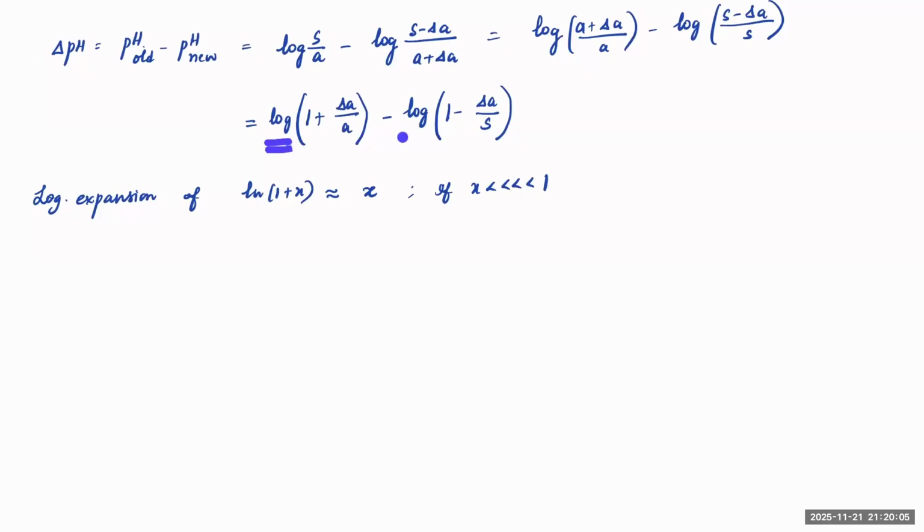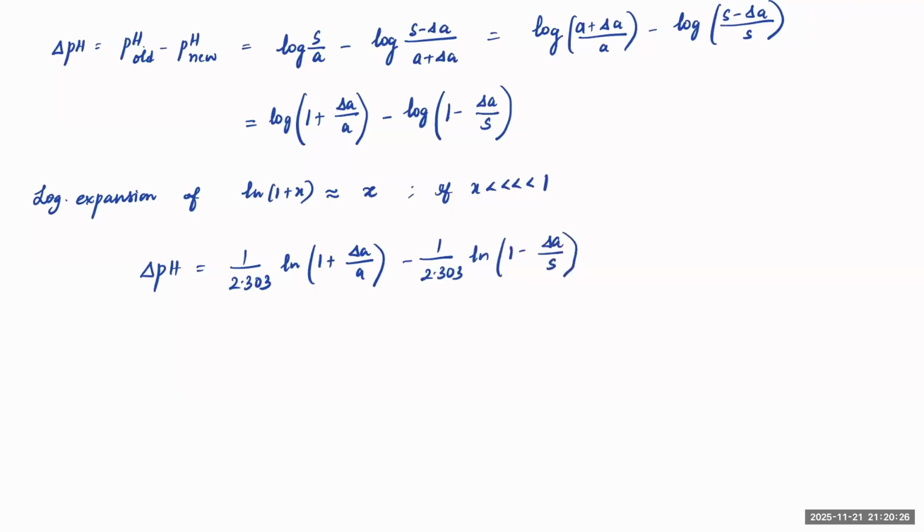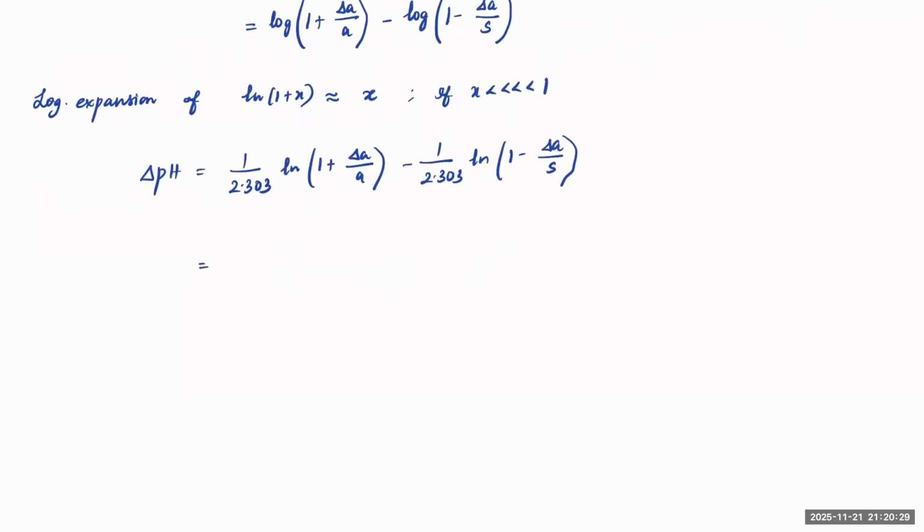And how do I convert a log into an ln value? You can see delta of pH is equal to 1 by 2.303 ln of 1 plus delta A by A minus 1 by 2.303 ln of 1 minus delta A by S. Now, if I take 1 by 2.303 common, I can write ln of 1 plus delta A by A as delta A by A, and the other as minus of minus delta A by S. This is an approximation.